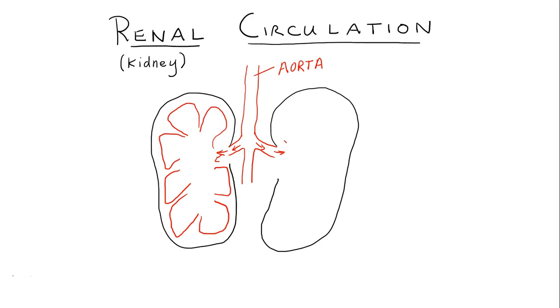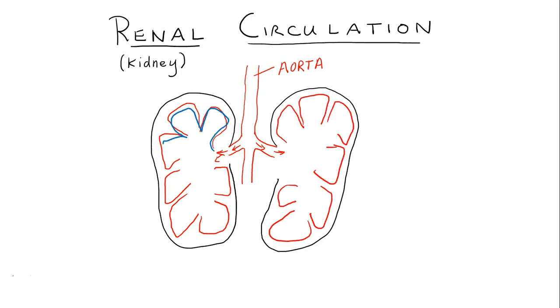Blood circulates through the kidney and delivers oxygen, because the kidneys need oxygen to do their job, and also delivers nutrients to the kidney. Then the deoxygenated blood enters back into the inferior vena cava through the renal veins.